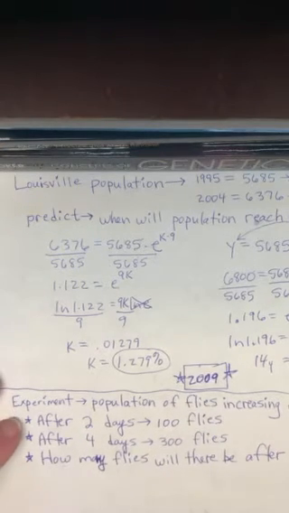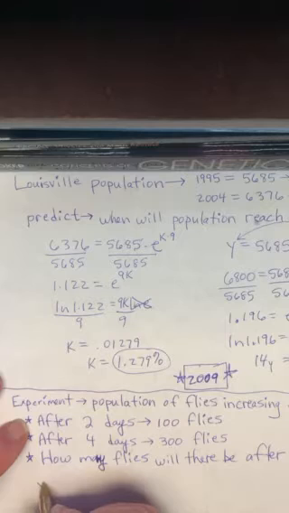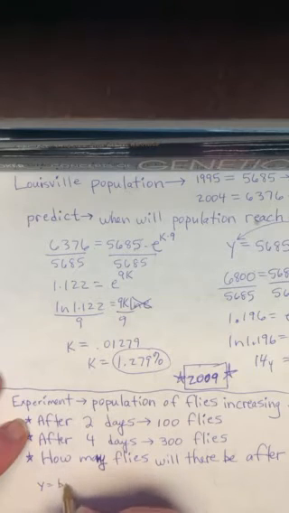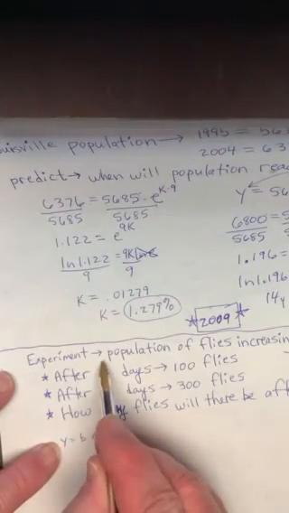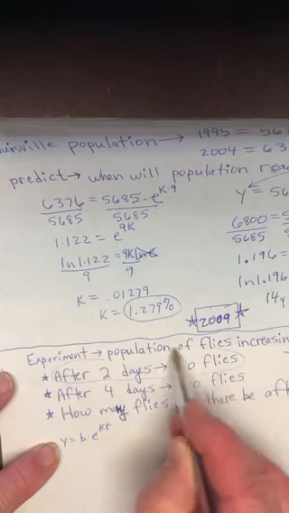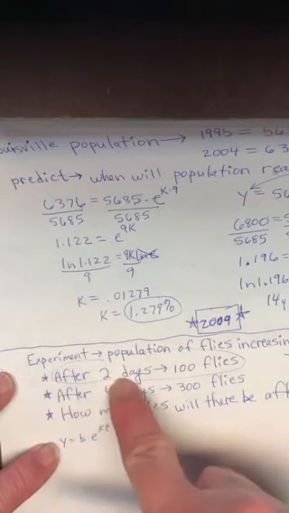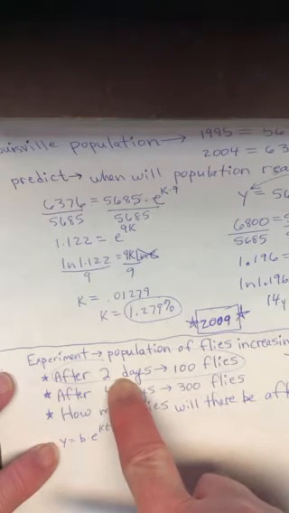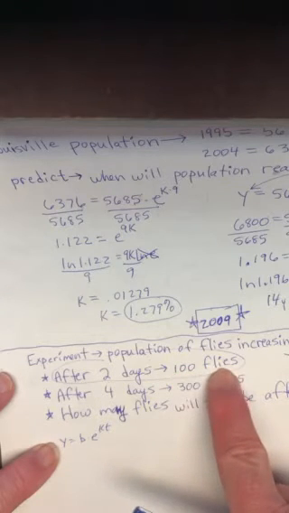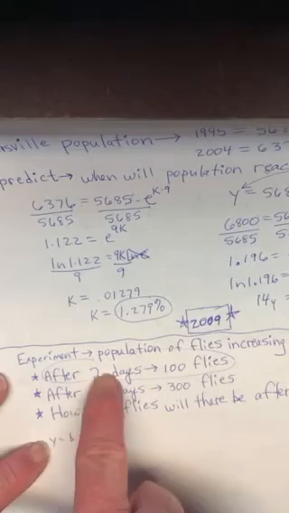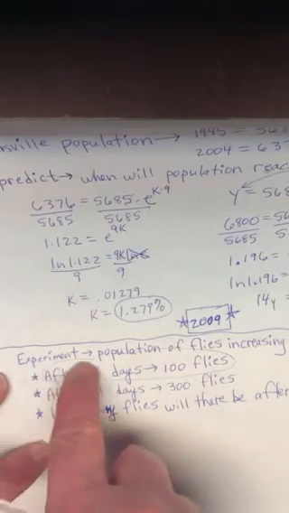So watch this. I'm going to write y equals b times e to the kt as a reminder of that's my growth formula. And guys, look at this first scenario right here. After 2 days, so we know the time, there's 100 flies total. And so we didn't know how many there were at the beginning of that situation, do we?